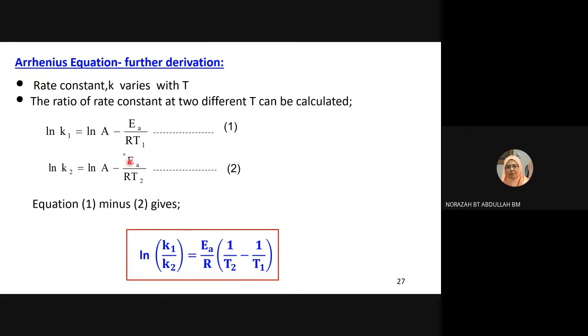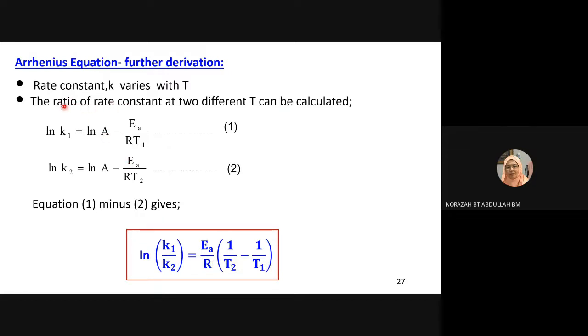Okey, arrhenius equation ni juga selain daripada boleh plot graph, mencari nilai EA, kita juga sekiranya diberi dua set, mungkin diberi K1 dan K2, T2 diberi mencari T1, macam tu ya.